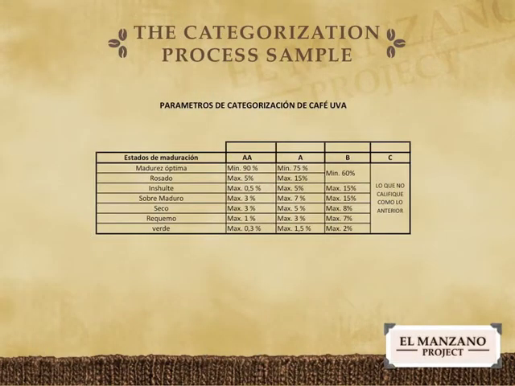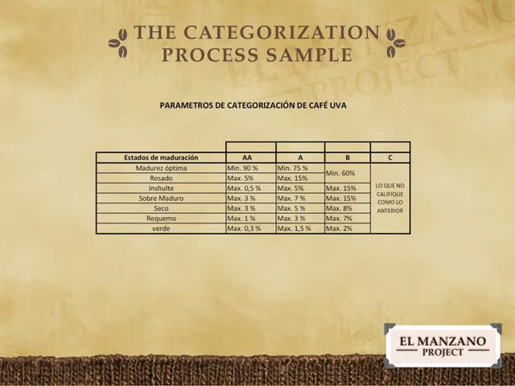These are the parameters of how we categorize the coffees delivered to the mill. Although this could be classified information for many, we actually give this chart to our suppliers for them to see and understand how we are evaluating and paying for their coffee cherries. I share it with the coffee industry as it could be of some help for others.